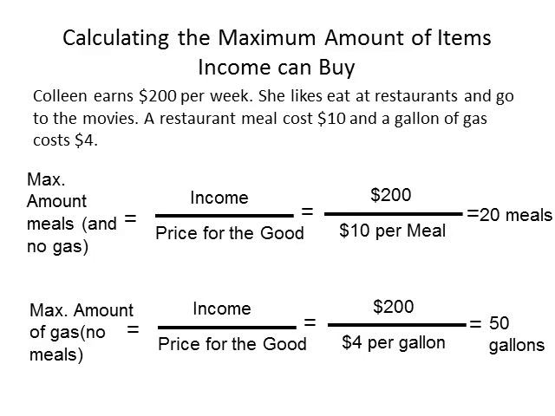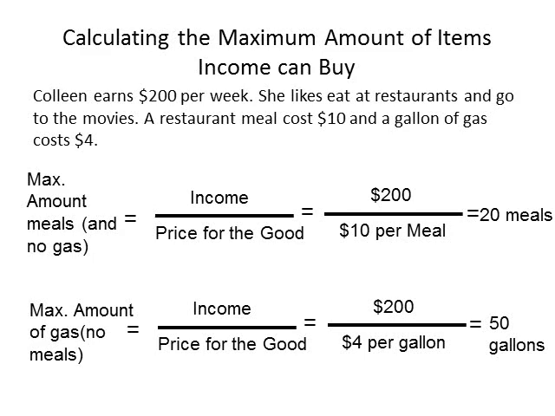The maximum amount of meals that Colleen can buy is her income, $200, divided by the price of the meal, $10. This means she can buy a maximum of 20 meals. The maximum amount of gas Colleen can buy with her income of $200 is her income, $200, divided by the price of the gasoline, $4. This means she can buy 50 gallons of gas.